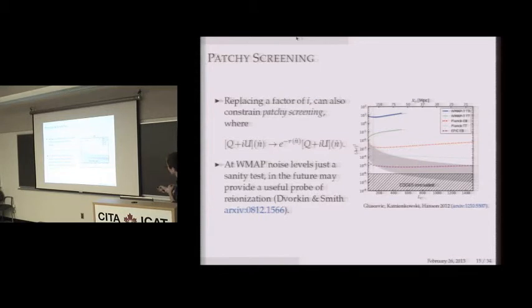But as you start to get to Planck noise levels, and then a next generation experiment, you can dig into reasonable models of reionization, at least in this simple model. So that's a picture of where the future would be.